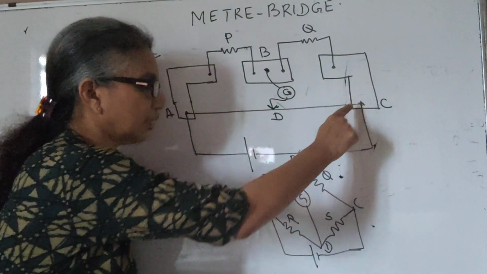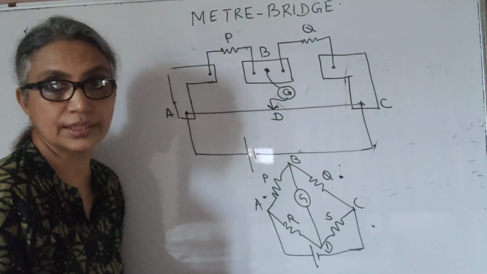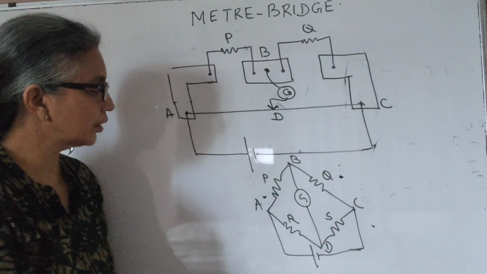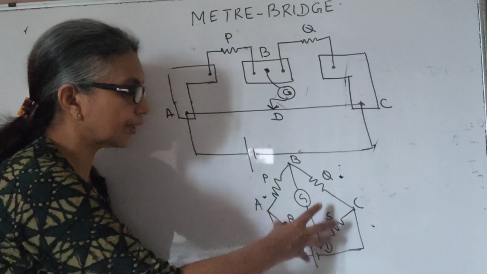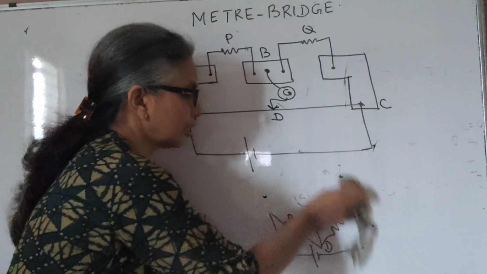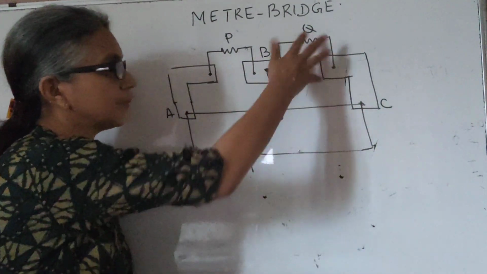But this wire here, that is called the meter bridge wire, which I told you is 100 centimeter or 1 meter, is a high resistance wire. And I hope you have understood how we can compare this to this. So your unknown resistor, you have connected across B and C.